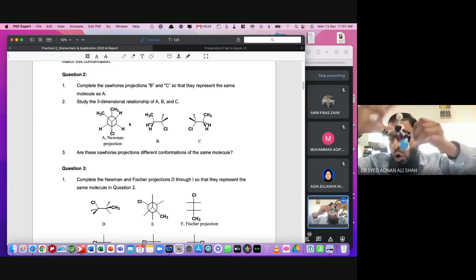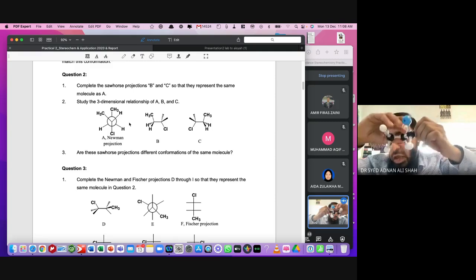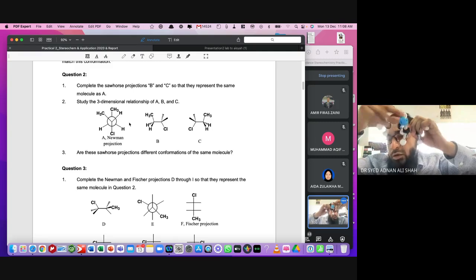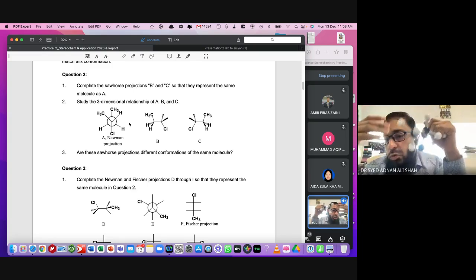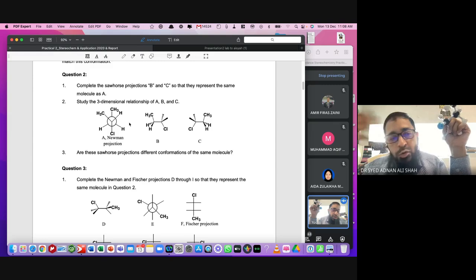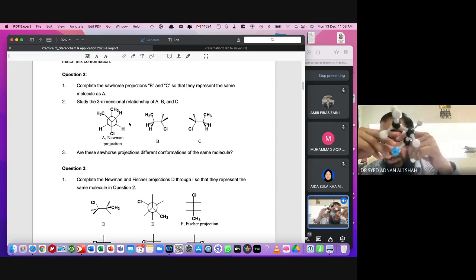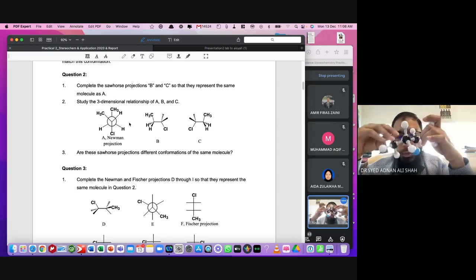So these are the different conformations of the molecule. The same molecule with a different conformation, right? You can see that molecule in Newman projection or Sawhorse or Fischer projection. These are different projections or different conformations of the same molecule. Understand?